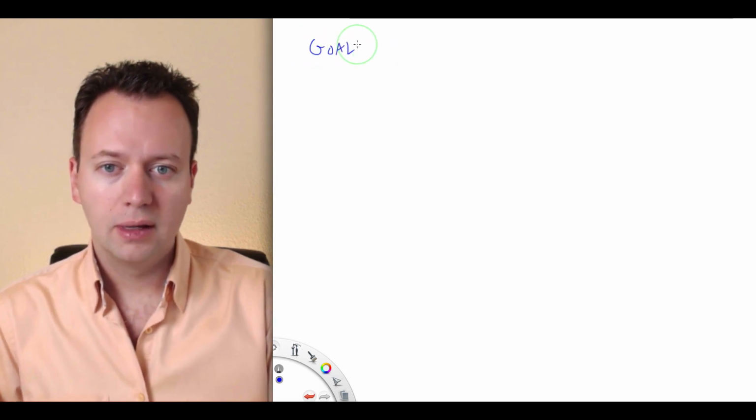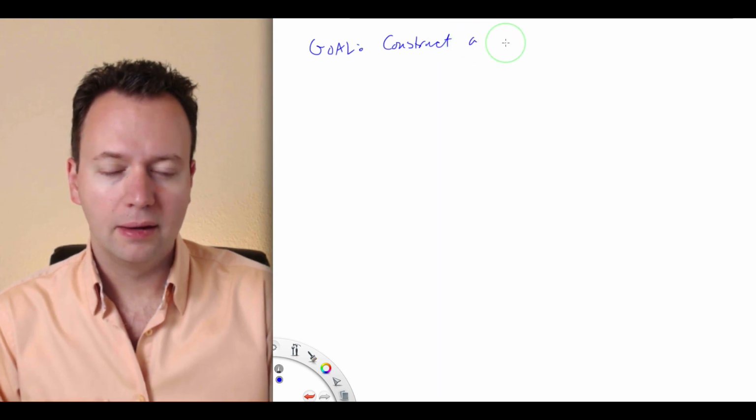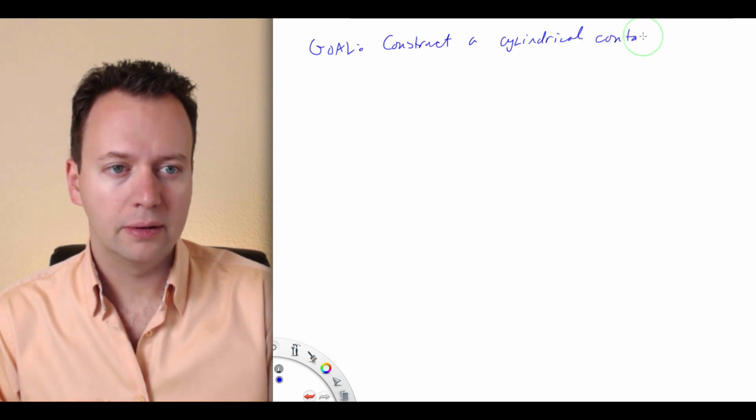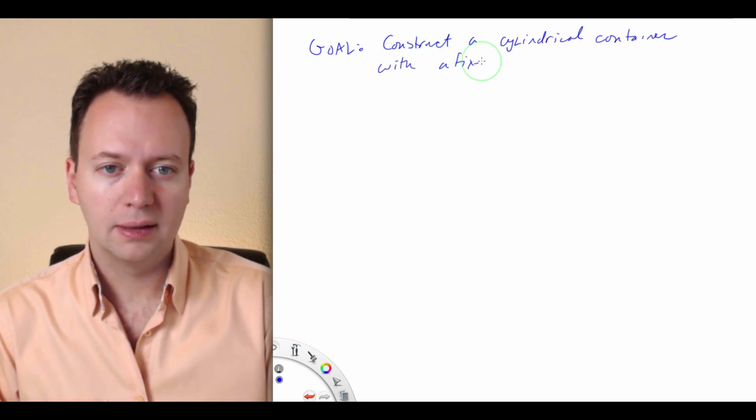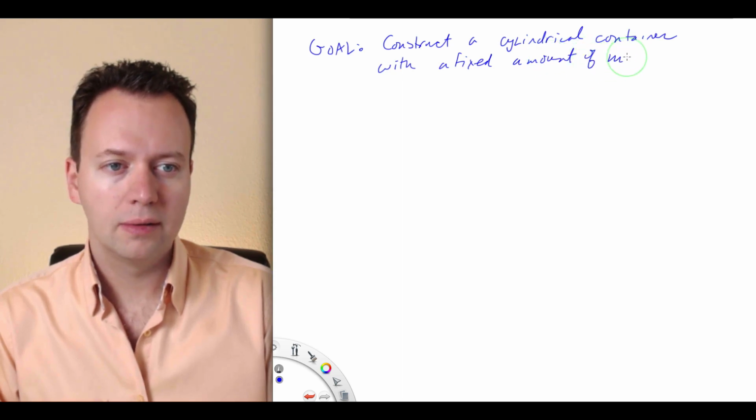In this example we want to construct a cylindrical can. So our objective is to construct a cylindrical can, or a cylindrical container, with a fixed amount of material.